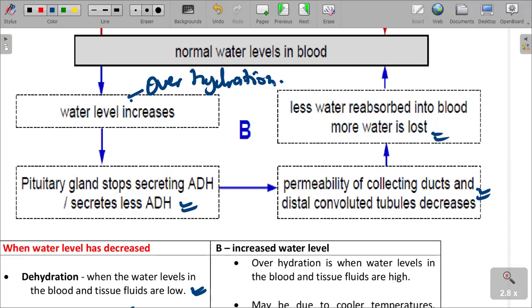Sometimes we talk about less water reabsorbed into the bloodstream and the loss of water from the body either through urine or other reasons. So the diagram flows in the sequence as I'm giving here now. That is how the sequence flows.